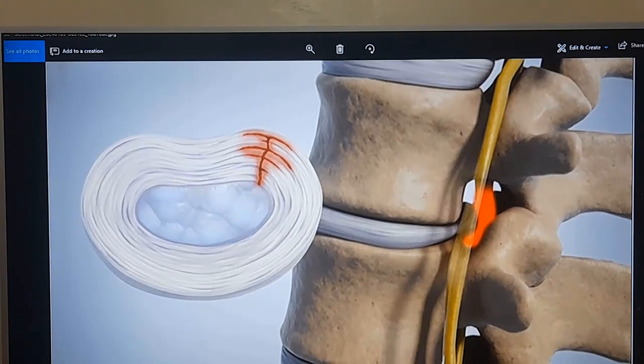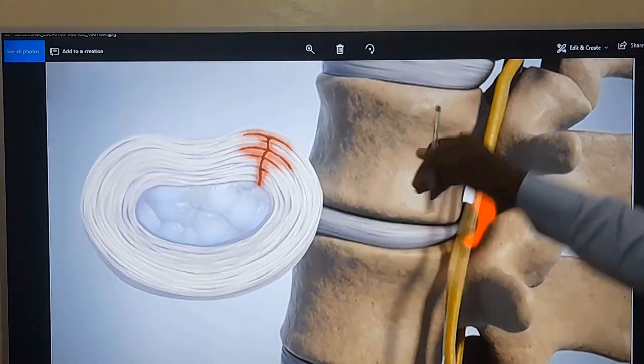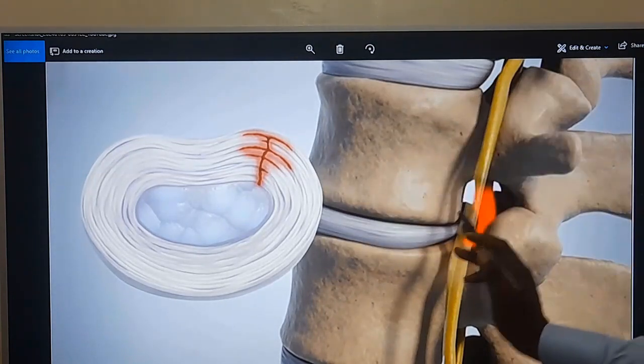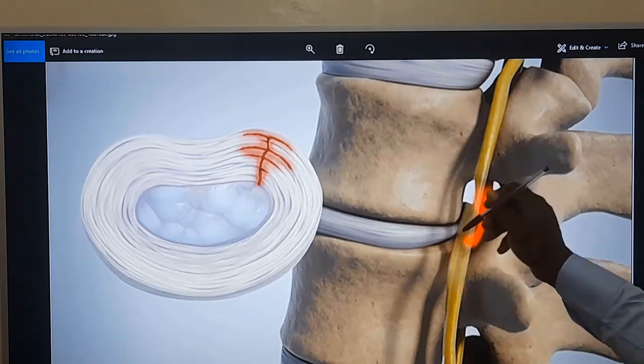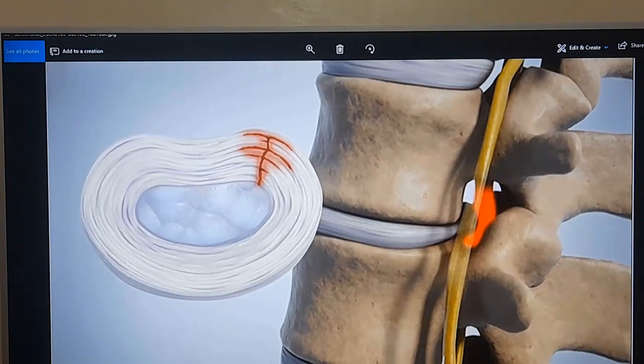The common case is that the left side compresses the equina to the right side. Do you see that? The left side will compress this equina to the right side.